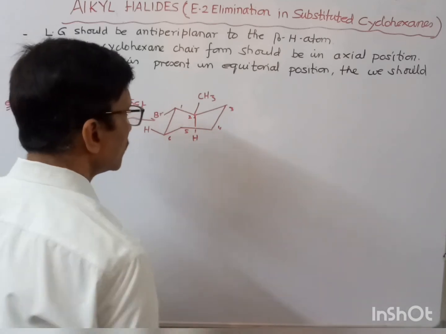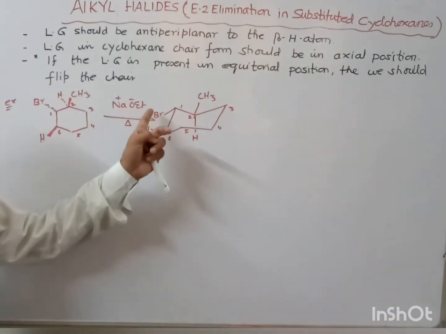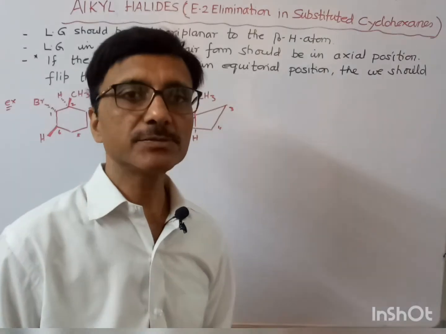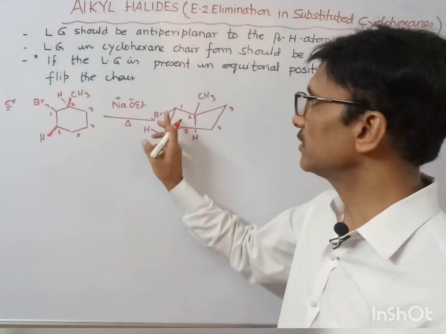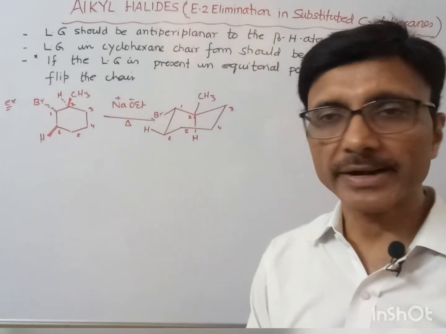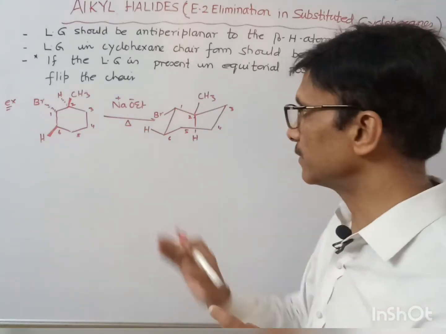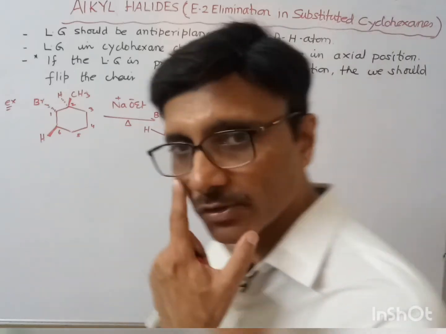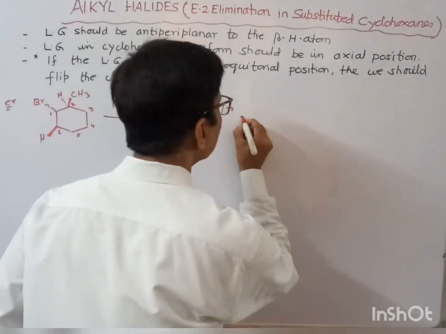Now, because the leaving group is present in an equatorial position, you cannot see the anti-periplanarity anyway. So what you will do is flip it.